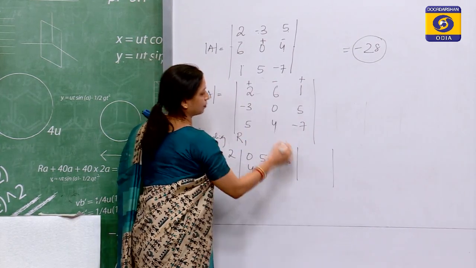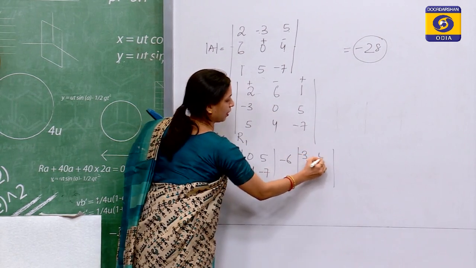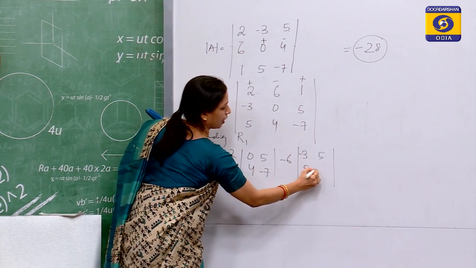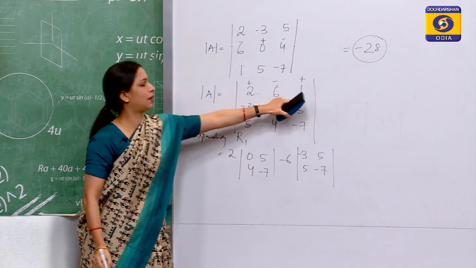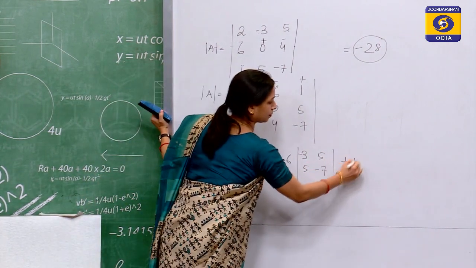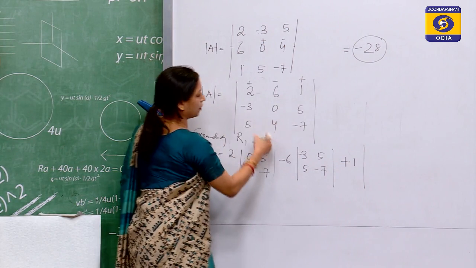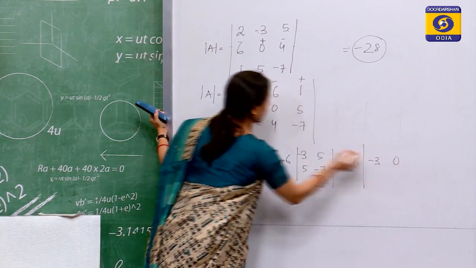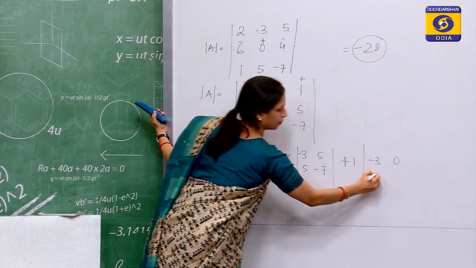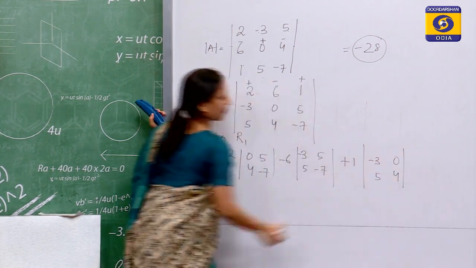So, here 3, minus 3, 5 and minus 7, here plus 1, this second order determinant minus 3, 0, 5 and 4, right.